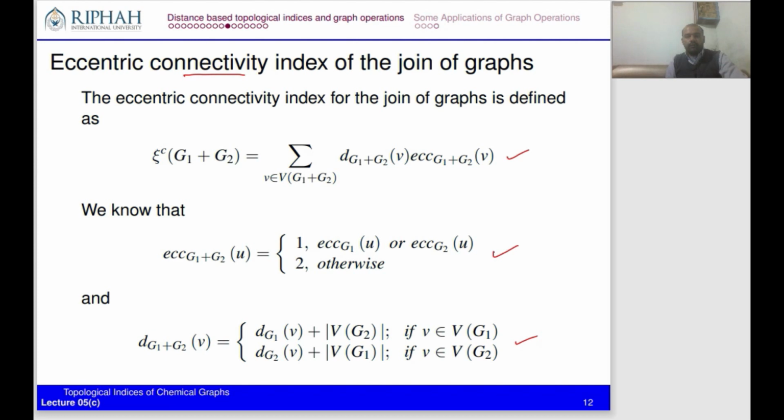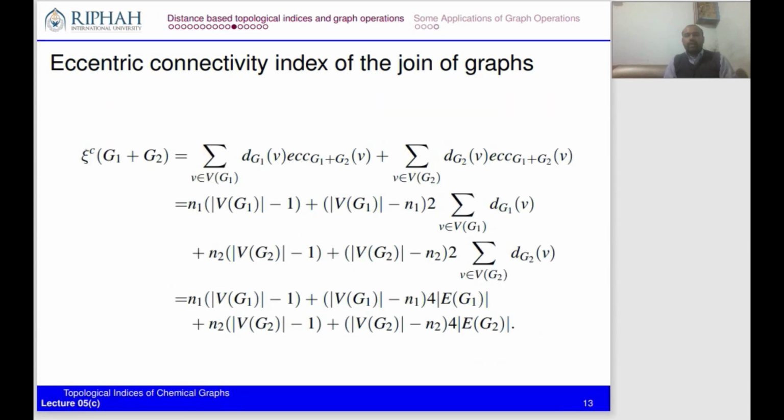If a vertex belongs to the graph G1, then its degree is the degree of v in G1 plus the order of G2. If the vertex is in graph G2, then its degree is the degree of v in G2 plus the order of graph G1.